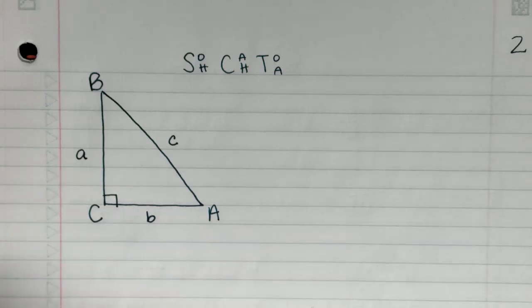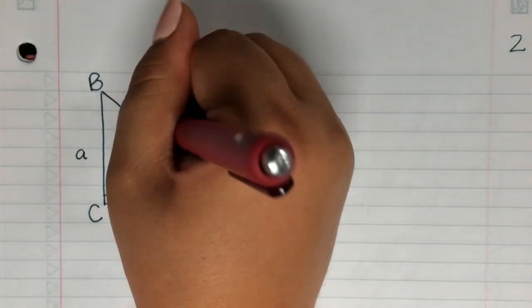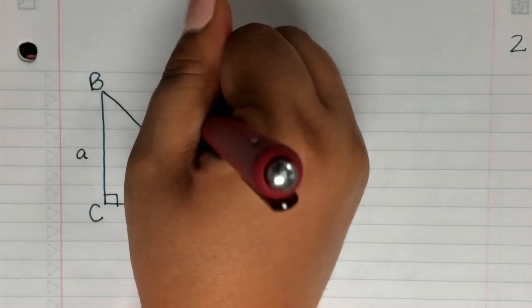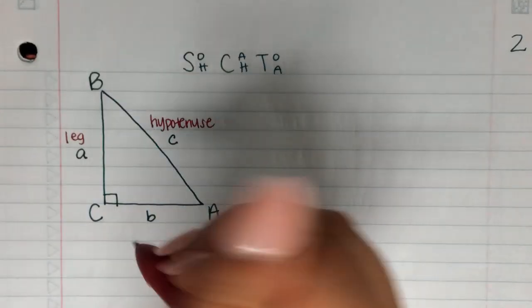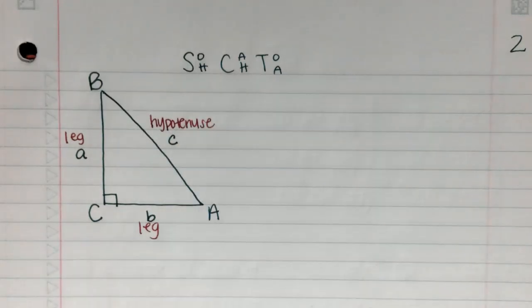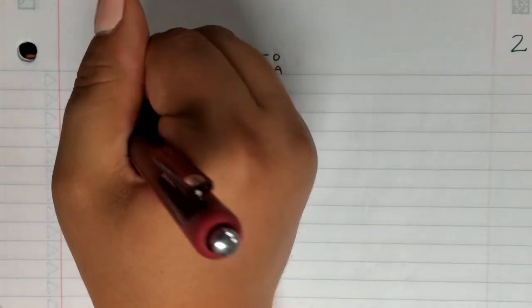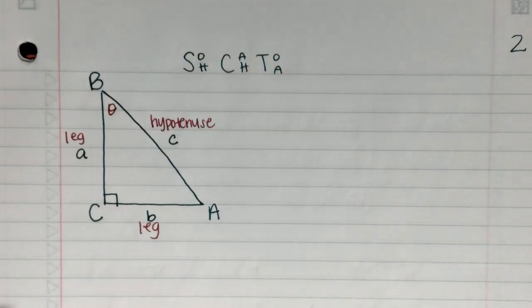Just like we talked about yesterday, this is still the hypotenuse. These are still legs. And I'm going to put a little theta right up top.